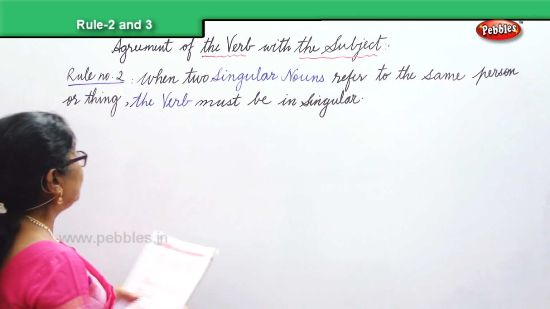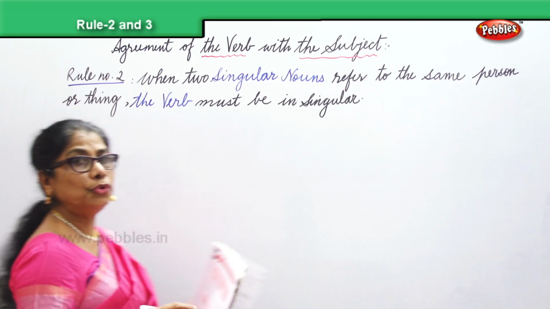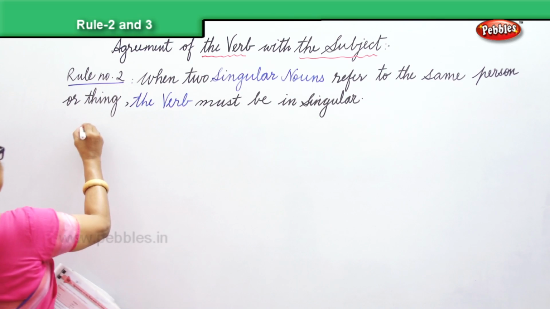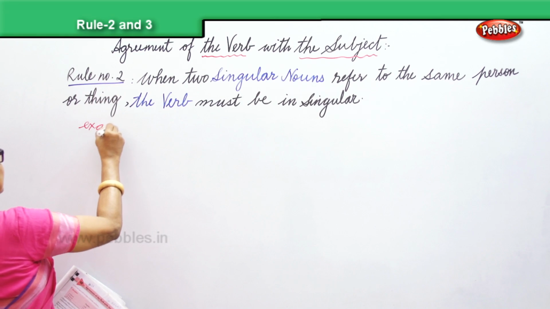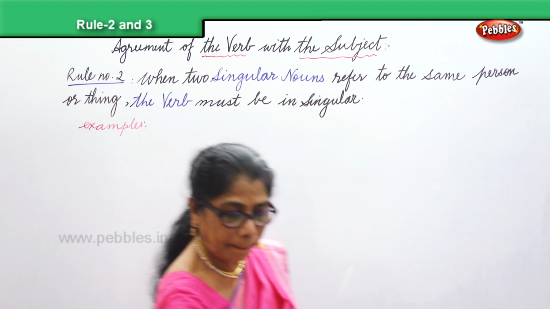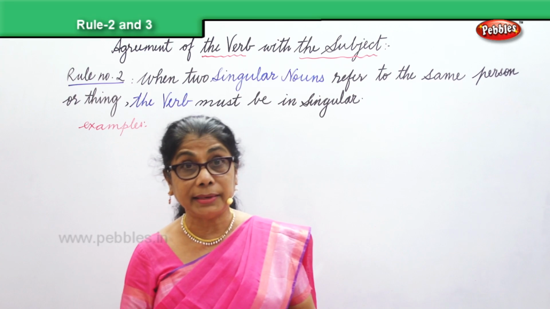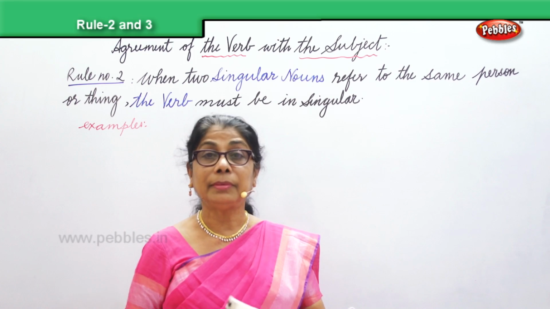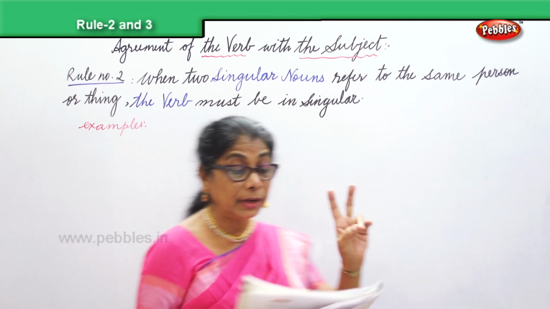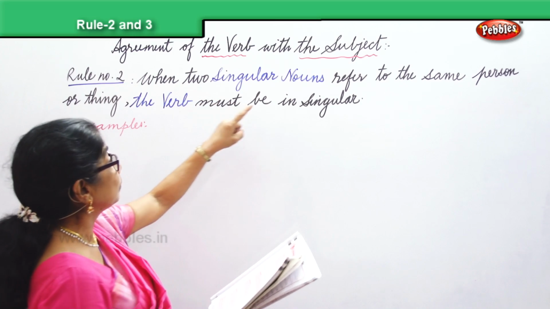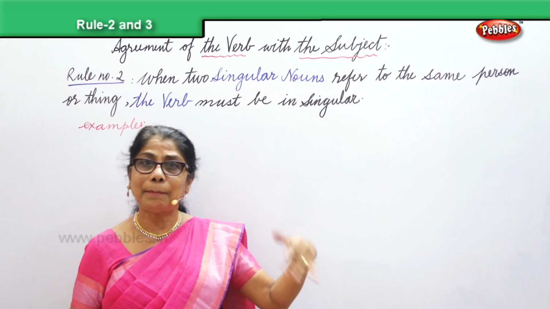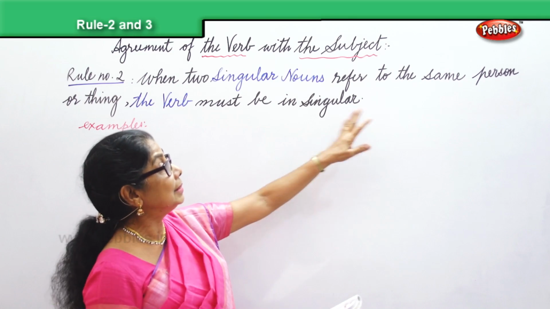Okay. Now, I have examples for you to look at. My guide, that's one person. Mentor. So here we are referring to singular nouns, but of the same person. My guide, my mentor. Both are same person.